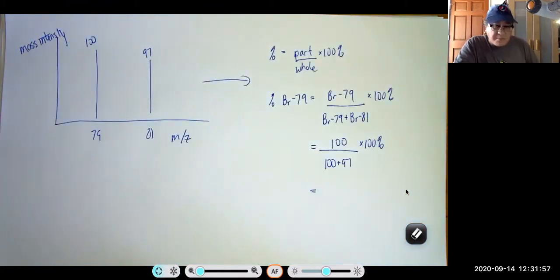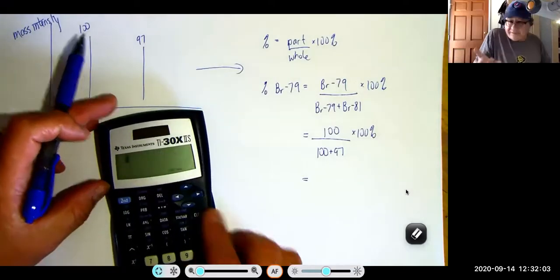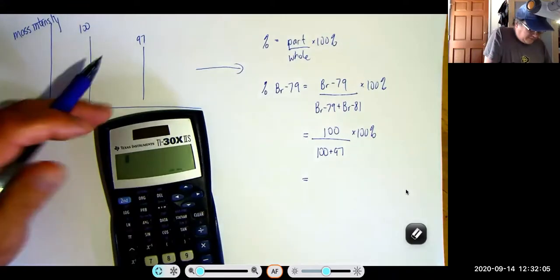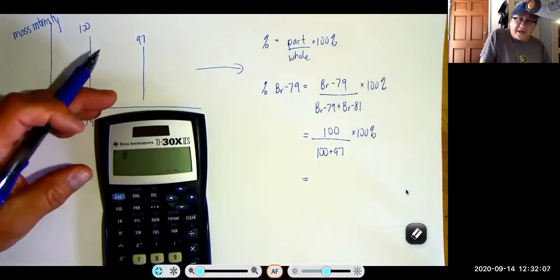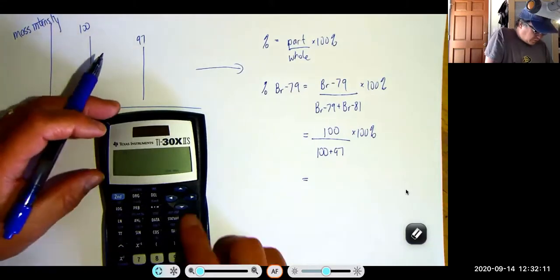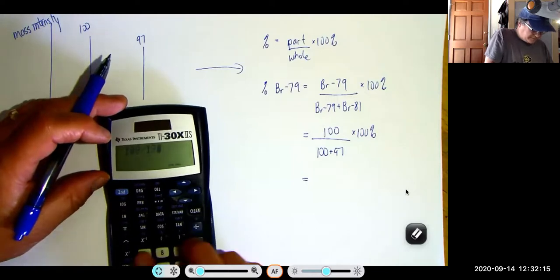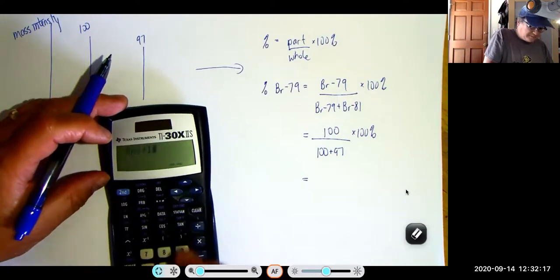Are you with me here on part over whole times 100%? Okay, so that's what percentage is. That's how everyone calculates it. The tough part is deciding what part is and what whole is.